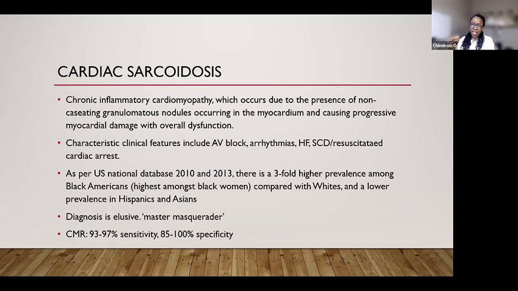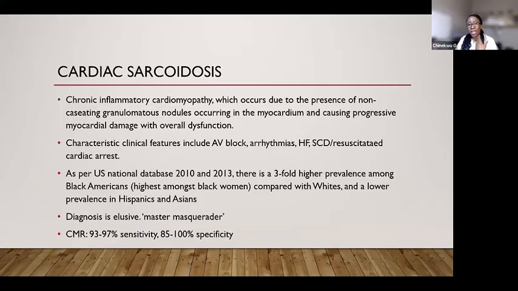Now, the problem with cardiac sarcoidosis is that it's usually a patchy disease process, and therefore, if you just go in with an endotome to do your biopsy, you may just get normal myocardium. And in fairness, the yield from endomyocardial biopsy is atrociously low, less than 30%, which means that we don't have a diagnosis, and therefore we end up treating the patients on a presumption, with which there's a bit of guilt, because what if they don't have sarcoid, or we don't treat them when we could have.